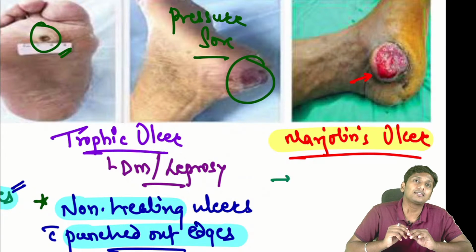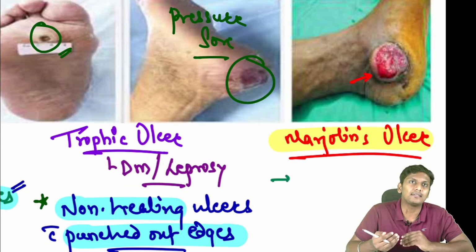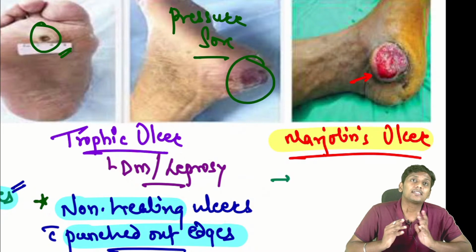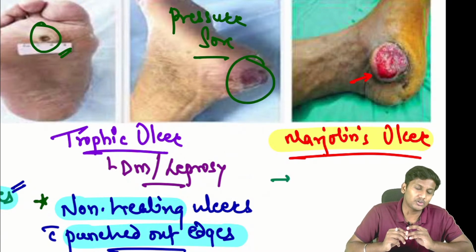Second important, this is a pre-malignant ulcer. What do I mean by pre-malignant? This ulcer can turn into a malignancy or a cancer. Which cancer? As I've told you right now, it can turn into a squamous cell carcinoma. Therefore, like other ulcers, here we cannot leave it just with dressing. So what should be done? Here the investigation of choice is incisional biopsy.